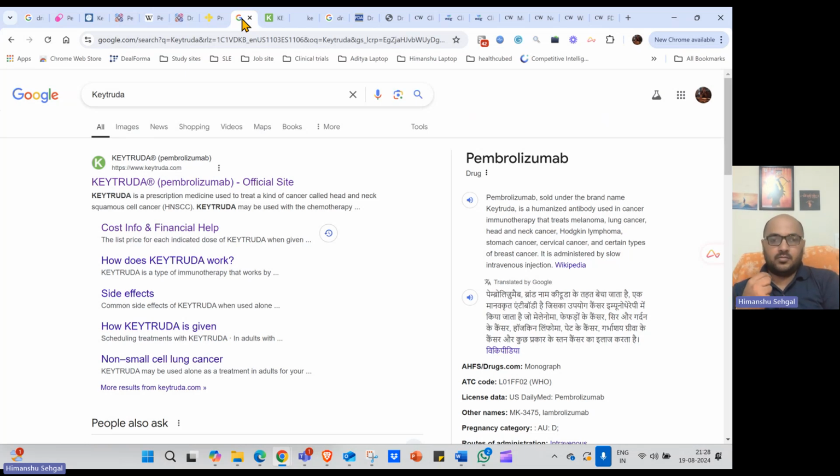A cough syrup comes usually with a box, and that box has a paper inside it, which is usually thrown away. Nobody reads it. And not just in India, I've seen it in the US as well. I've seen it in the UK as well when I was studying there. So nobody pays attention to that paper, but that paper is a very important paper.